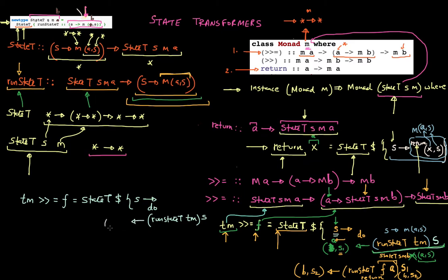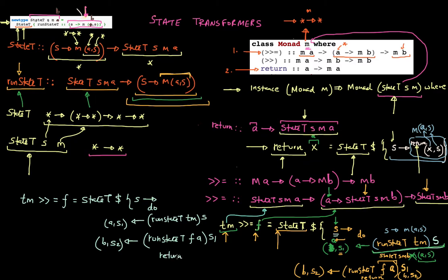which generated this tuple of a, comma, the new state s1, at which point I could then do runStateT again on fa, and then I pass in s1, and this generated for me b, s2, and then finally I had return over here.